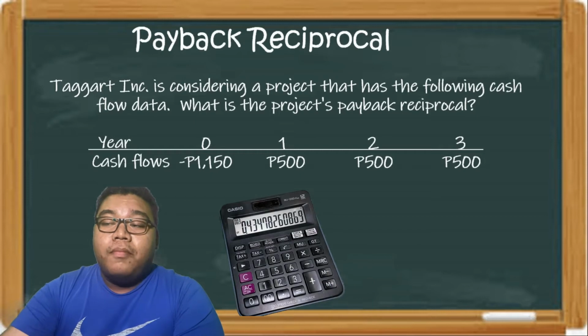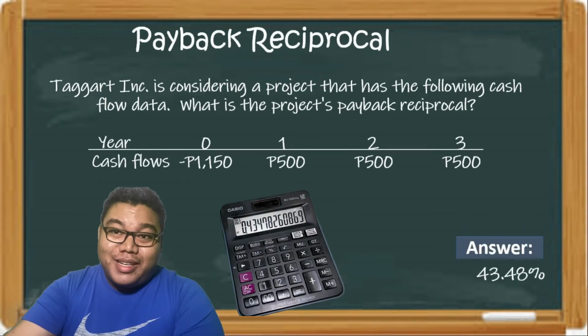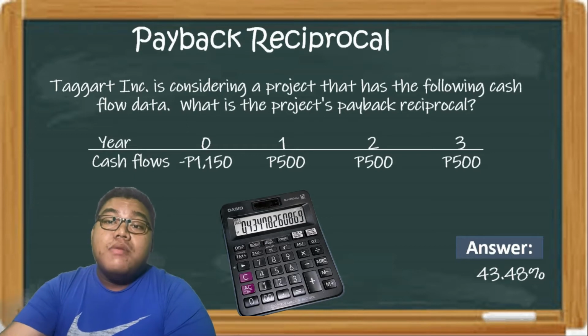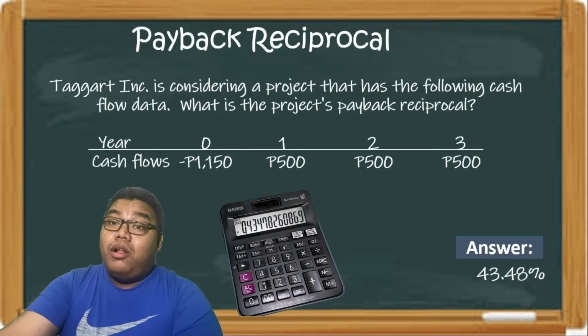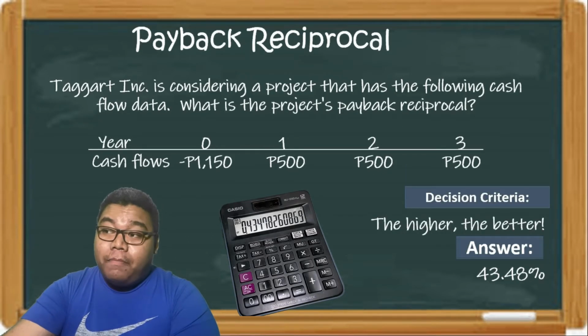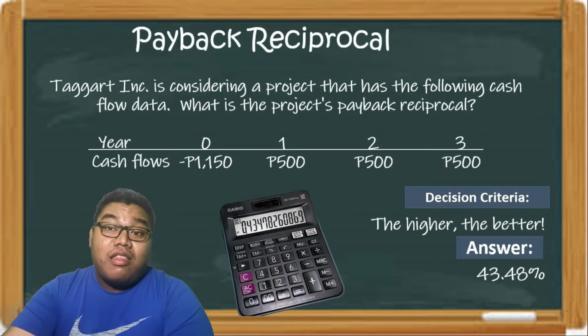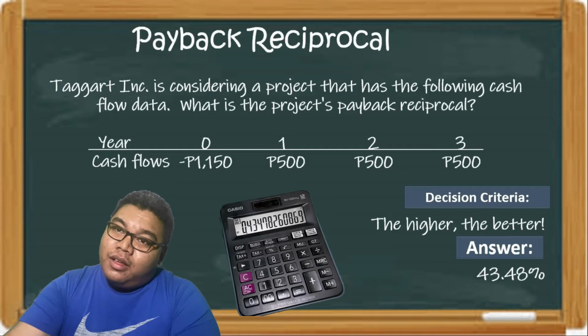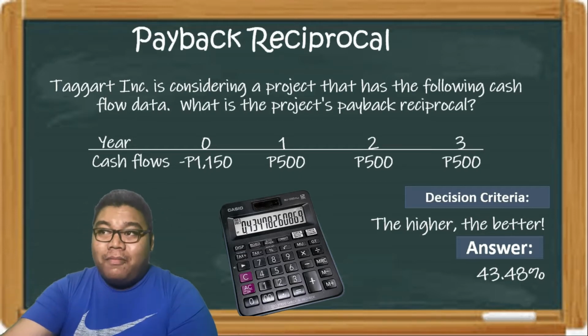We will get 43.48%. So how will we determine if the payback reciprocal is desirable or not? The higher the payback reciprocal, the better it is or the more acceptable the investment is. So this is in reverse to the payback period.